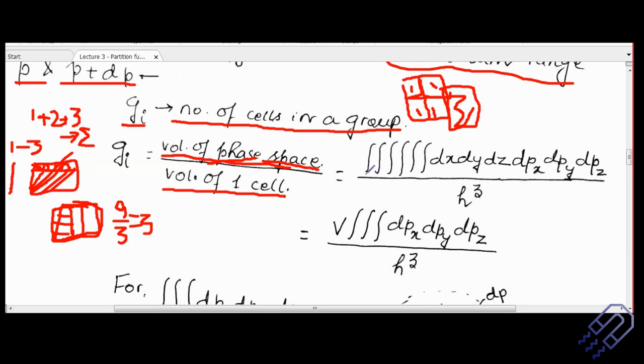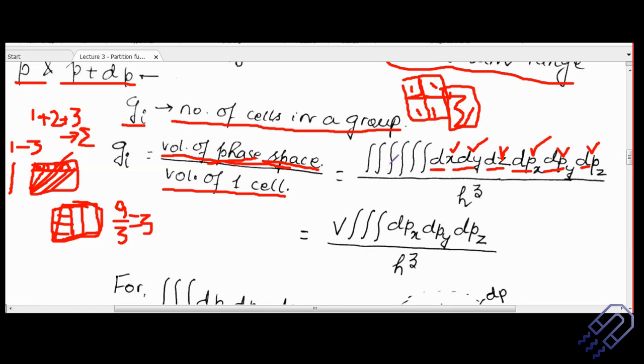When we talk about integration, we have x, y, and z, and then we have the momenta px, py, and pz. So when we consider these 6 coordinates, because we consider the position coordinates and also the momentum coordinates, we have to take 6 integration signs. That's why there are 6.